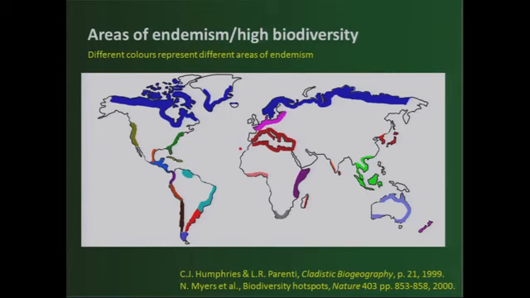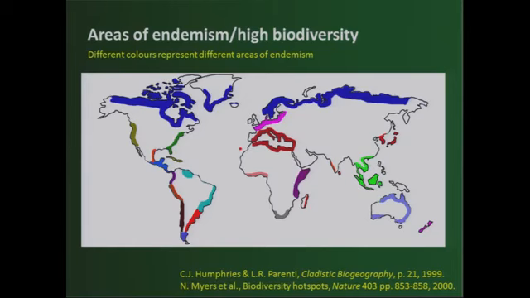Now, endemic means native or restricted to a particular area. And an area of endemism is one where there are a high number of endemic species, where many different species are found in the same small, distinct regions.